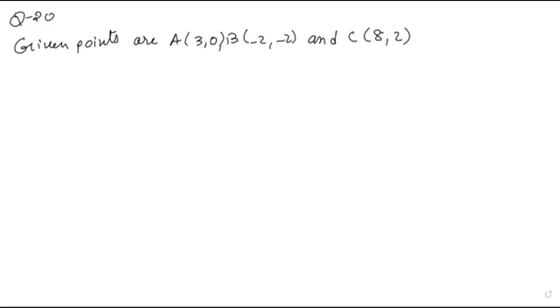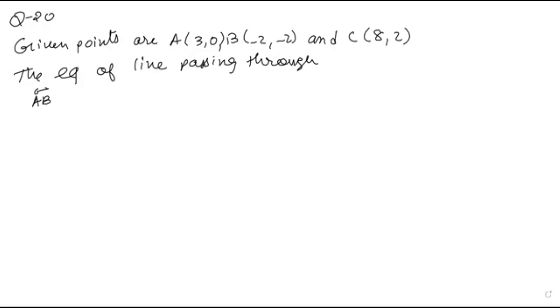Therefore, the equation of line passing through AB, here I will apply two point form: y minus y1 upon y2 minus y1 is equal to x minus x1 upon x2 minus x1.